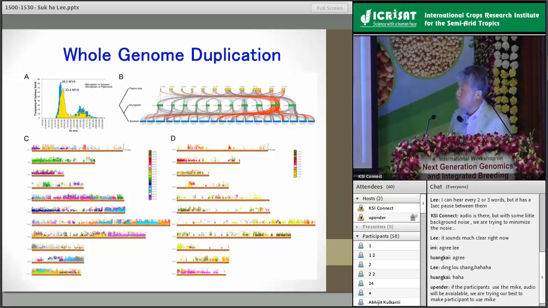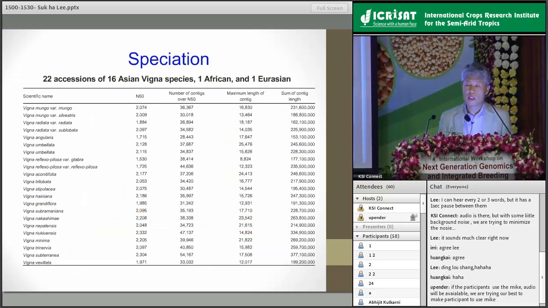During speciation and domestication of Vigna species, substantial adaptation to climate change and the cultural environment have occurred, changing morphological and physiological characteristics of Vigna species.